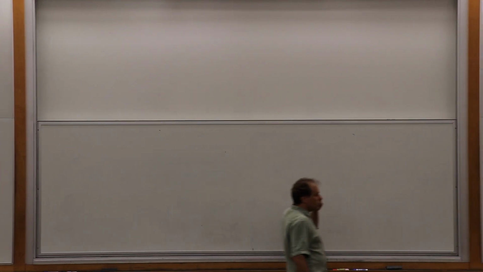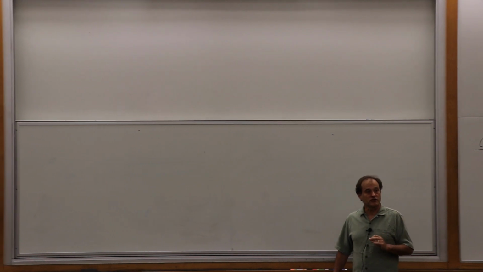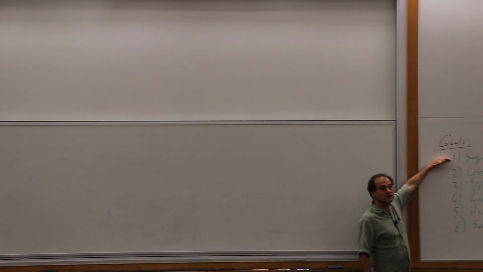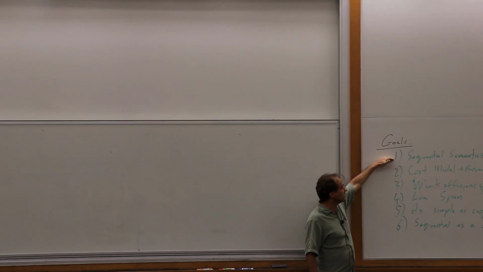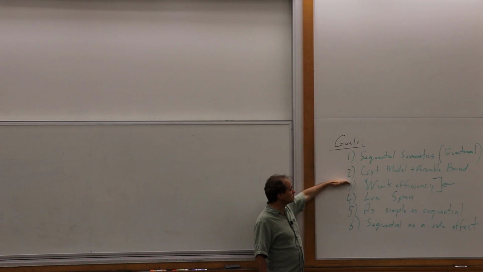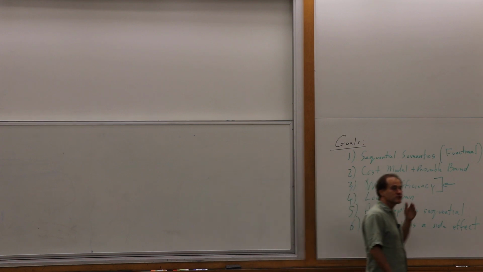So what we're going to look at now is how to get these things with breadth-first search. Because we want the sequential semantics, a purely functional setting, we're going to then use our work and span bounds. We're going to try to make it work efficient. We're going to try to make the span reasonably low. As we'll see, we're not going to get this down to logarithmic.